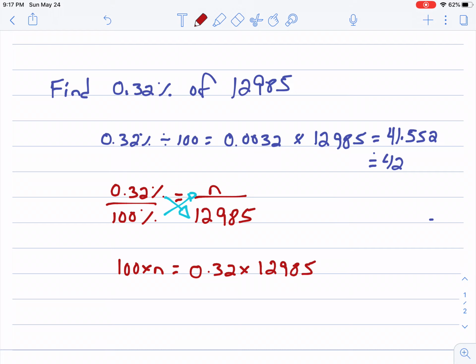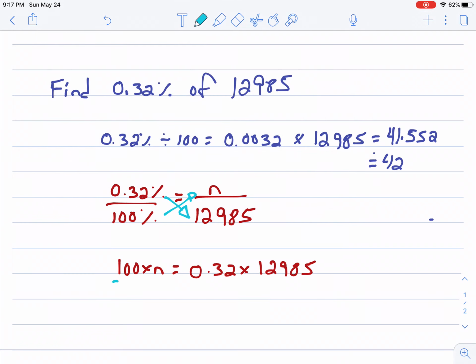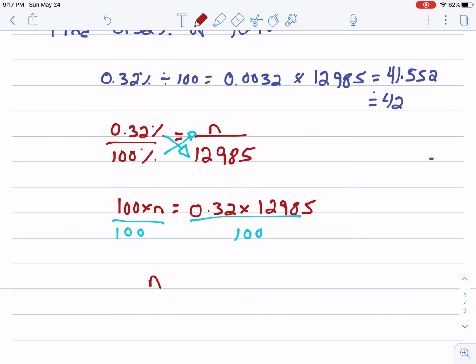To get n by itself, I'll do it in blue here so you guys can see. I'm going to divide by 100 and divide this side by 100. And that leaves me with n is equal to 0.32 times 12,985 divided by 100, which will be 41.552 or 42. So I hope that makes sense.